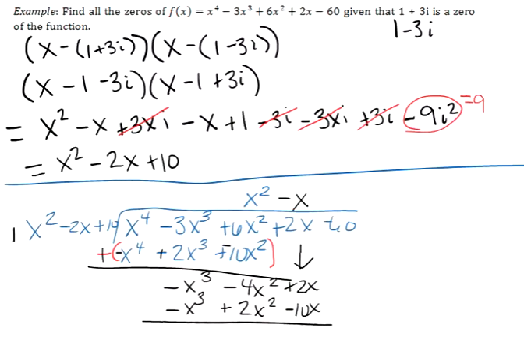Again, we can go through and subtract off this entire value, which will end up changing the signs for us. And that will end up giving us the x thirds cancel out. This is going to give us negative 6x squared. And then we will end up getting plus 12x. And then we can bring down the minus 60.